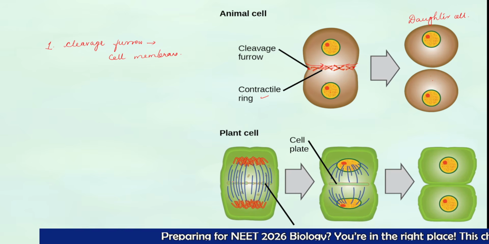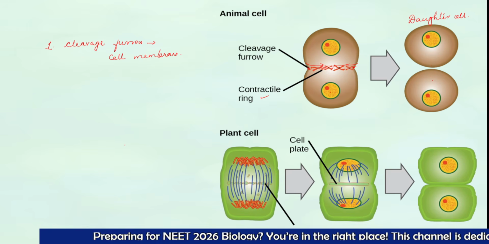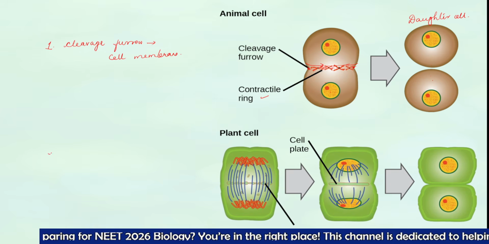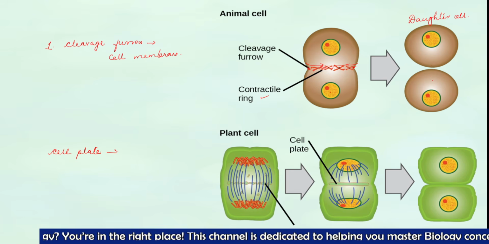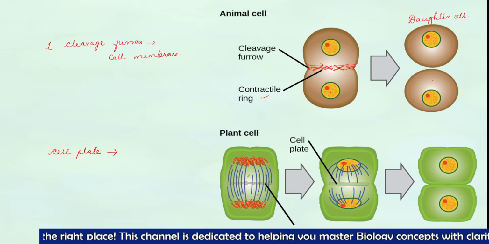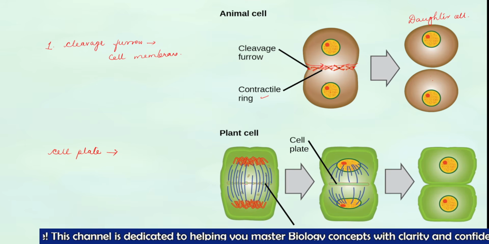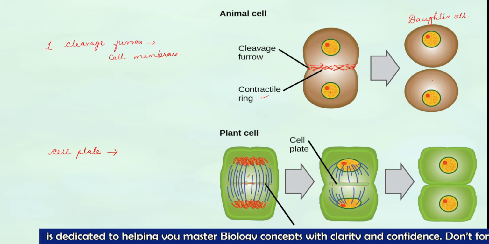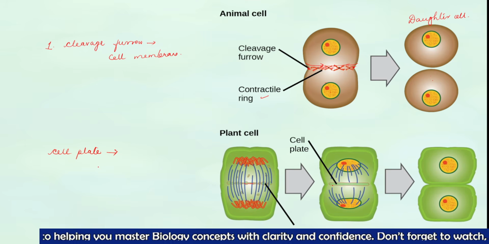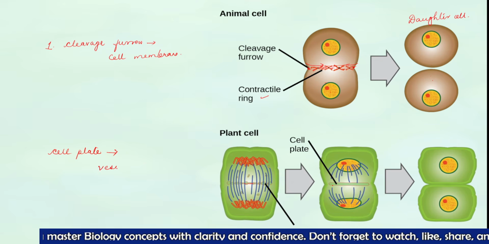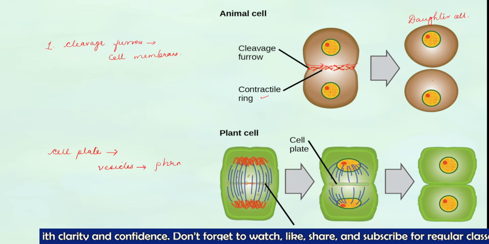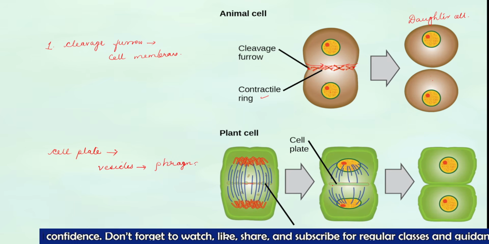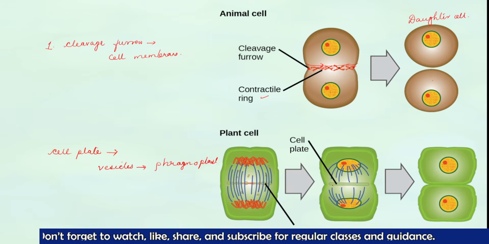Coming to the plant cell, instead of a cleavage furrow, there is cell plate formation. What is the cell plate? It is a structure formed at the equator, the center of the plant cell. It is formed from small vesicles called phragmoplast, and this phragmoplast is formed from the Golgi complex.